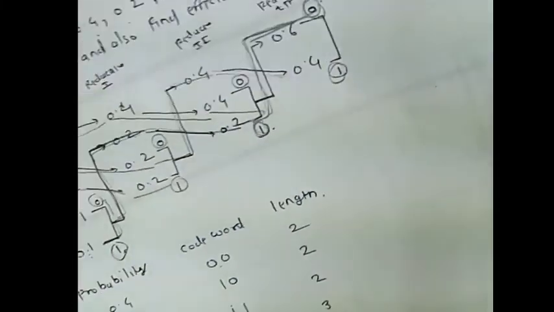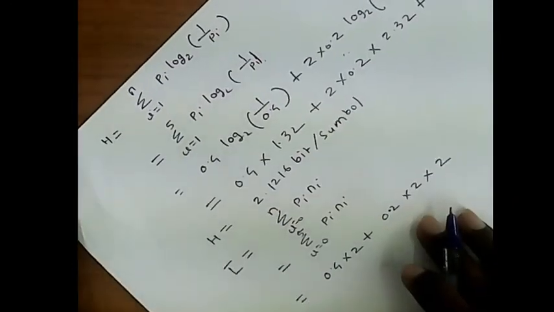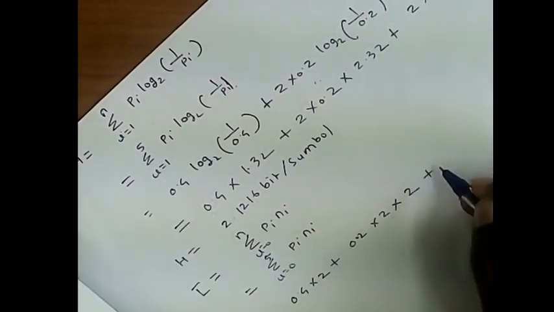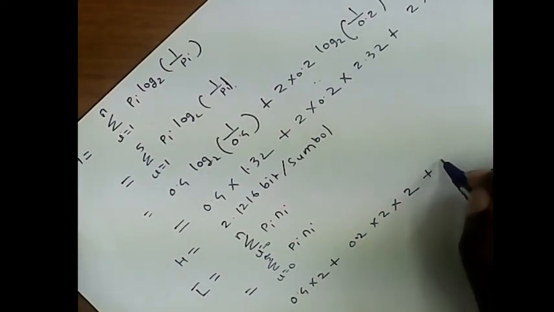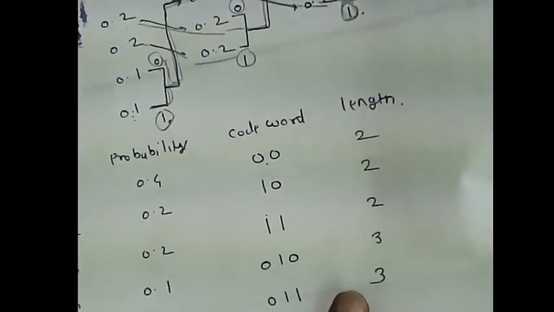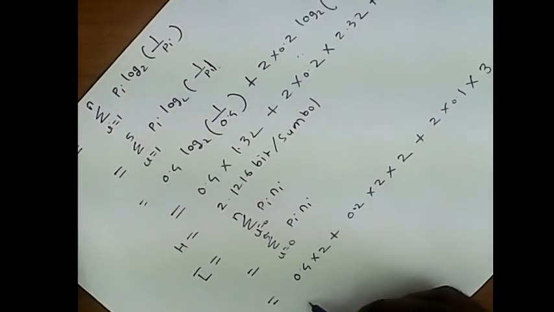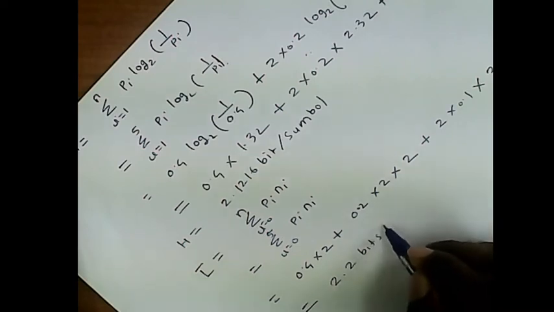Two symbols have probability 0.2, so we write 0.2 into 2, where the code word length is 2. Symbols S4 and S5 have the same probability, 2 times 0.1, and the code word length is 3. We calculate, and it comes out to be 2.2 bits per symbol.